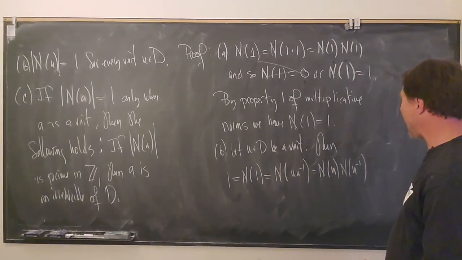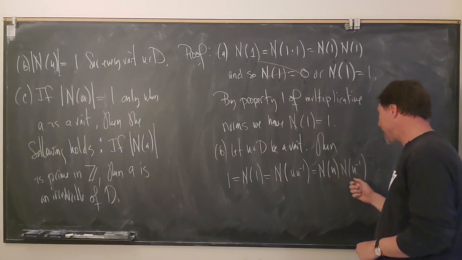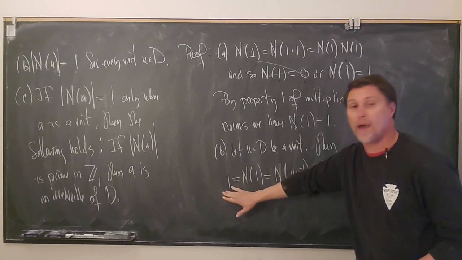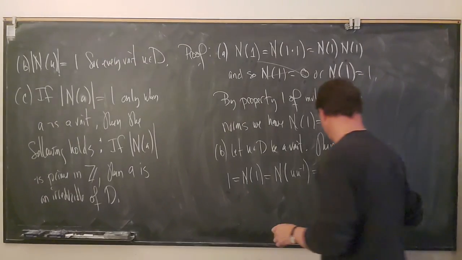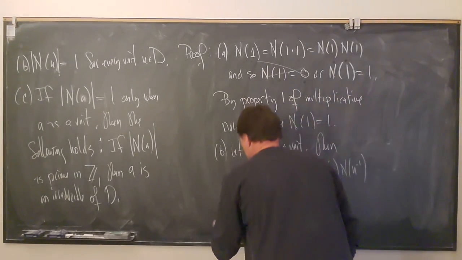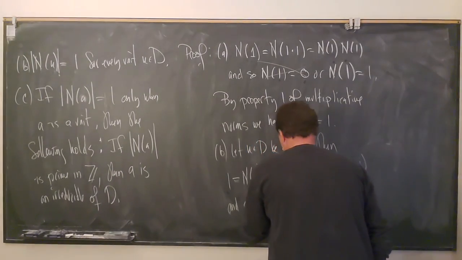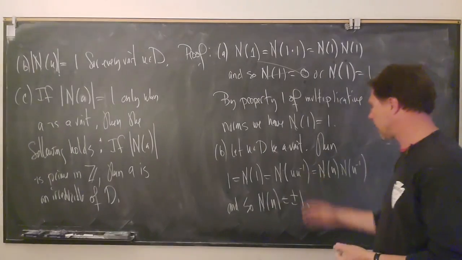Now the norm of U is an integer, and the norm of U inverse is also an integer. So we have a product of two integers equal to 1. That's only possible if both of these are plus or minus 1. And so the norm of U is equal to plus or minus 1, which means then that the absolute value is equal to 1.